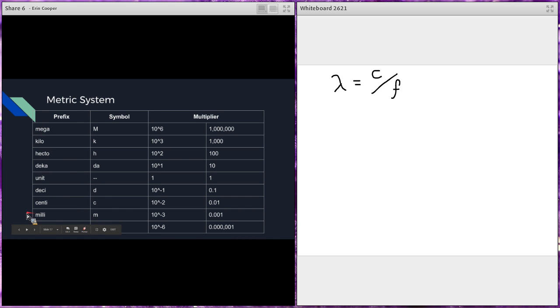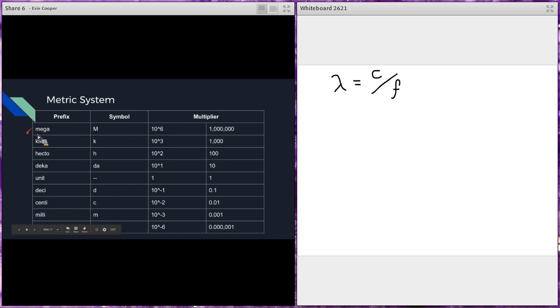That's going to be important because when you're reading the problems, if you see a capital M, that's going to be way different from seeing a lowercase m. And then our prefix on the bottom here is micro. Again, we had to borrow from the Greek alphabet, and so it looks kind of like a u, but with a tail in the front. So that's our micro.